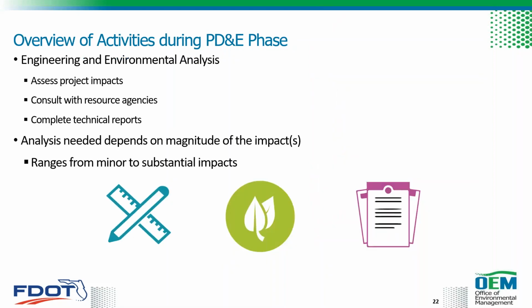Now, during the PD&E phase, the engineering and environmental analysis is conducted to assess project impact. And this typically includes consultation with resource agencies and the completion of those technical reports that Maria told us about earlier today. The amount of analysis that's needed is going to depend on the potential for environmental impact and if those impacts will be significant or substantial.